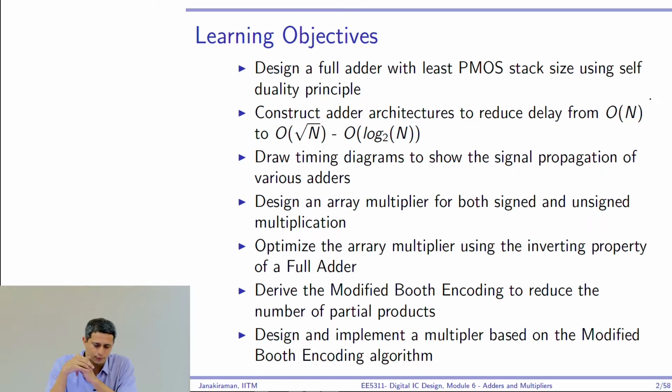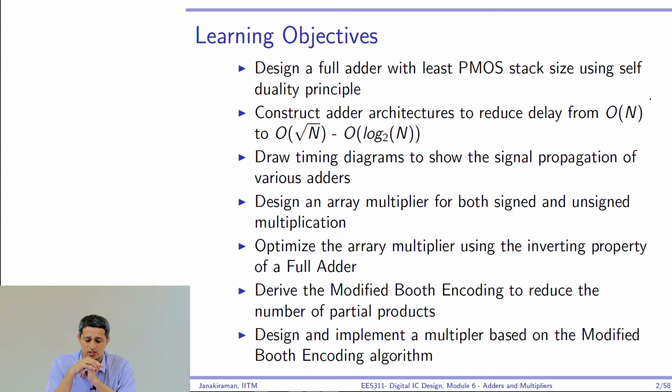project, right? Then you should be able to draw timing diagrams to show signal propagation of various adders, right? What a timing diagram means is you have to show the arrival times at various points in the circuit and how the optimization of the architecture is going to happen in order to save or not waste the arrival times that you see there, okay?